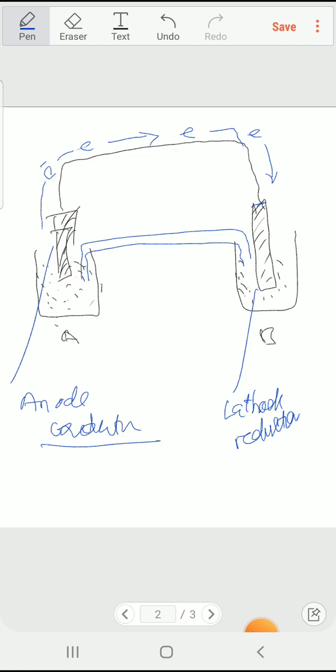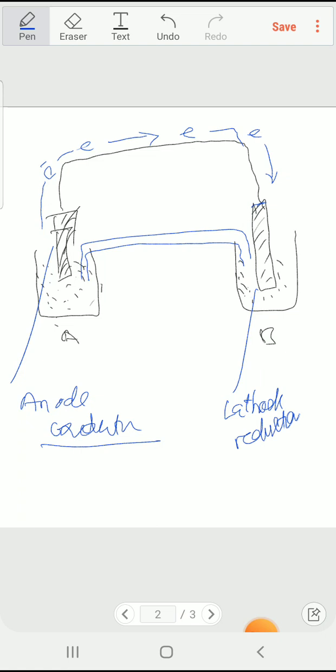Since oxidation takes place in the anode, the electrons are being lost. So the lost electrons are going to move from this side to the other side, which is the cathode, where the reaction is taking place, via what? The external conductor or external wire.